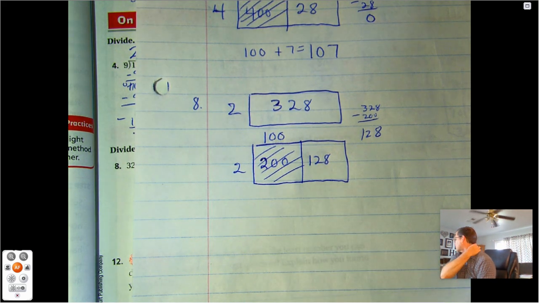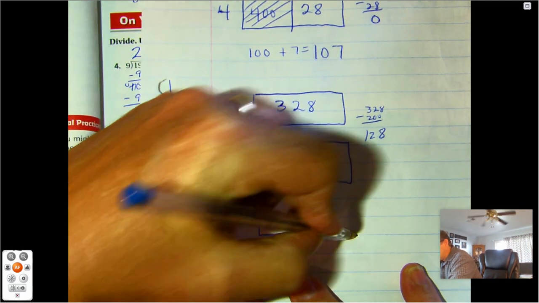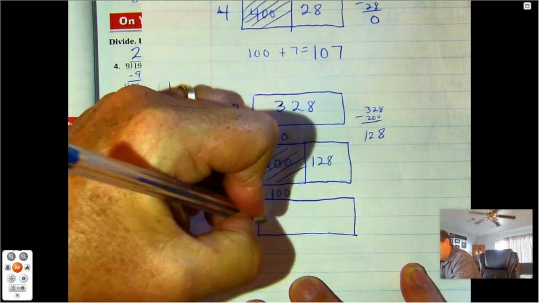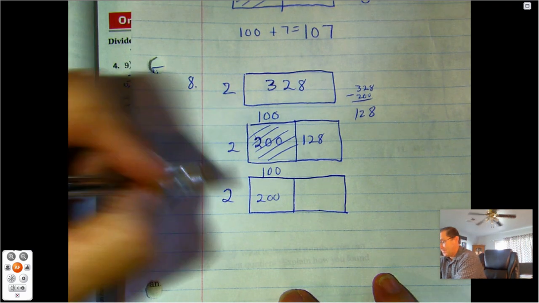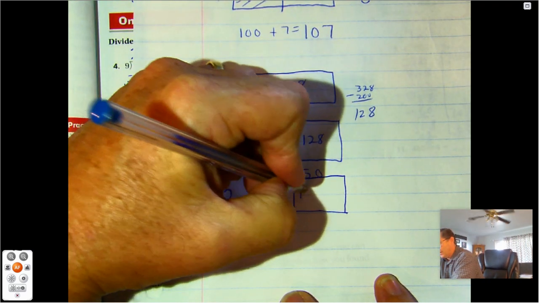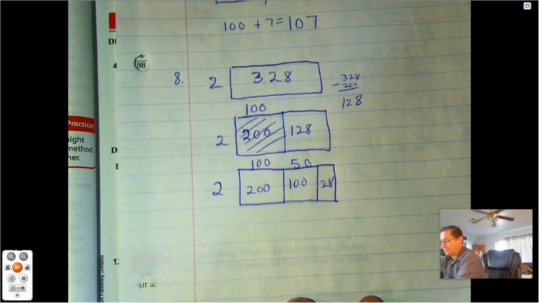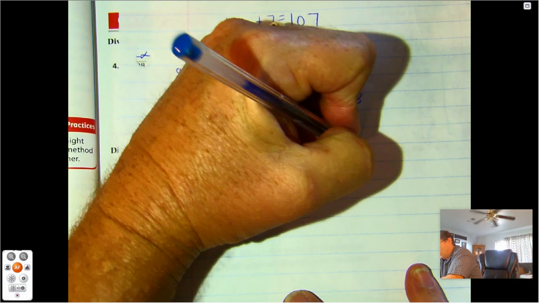Well, how can we break up the 128? Well, I know that 2 times 50 is 100. That leaves me 28. So we would have 128, take away 100. 50 times 2 is 100.